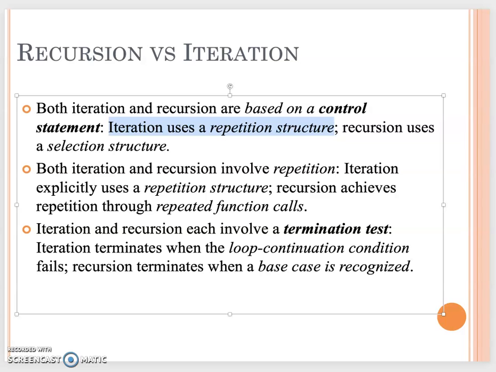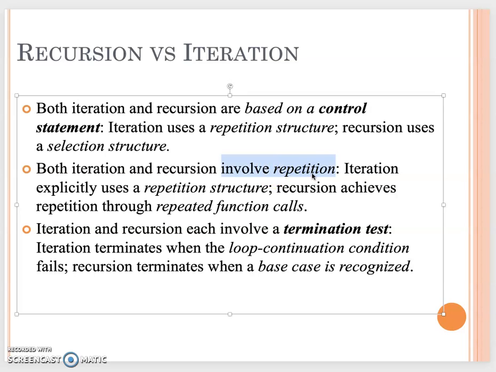So that's the similarity between iteration and recursion. They use different control statements, but they both control when to stop to get the value. That's why both iteration and recursion involve repetition.